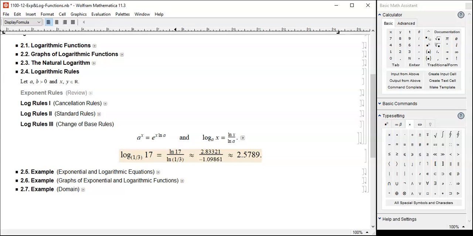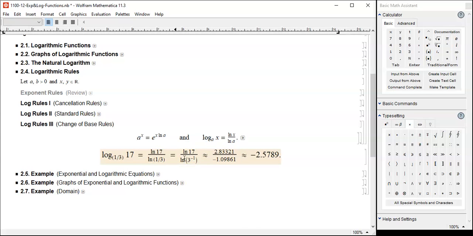It'll turn out it's going to be negative like this. Try on your own. As a matter of fact, do you wonder why I got negative and how I got this so quickly? So this was basically 3 to the negative first power. So this is negative 1 times log of 3. And that's how I figured, oh, I have to just put negative here, negative there, and that's it.